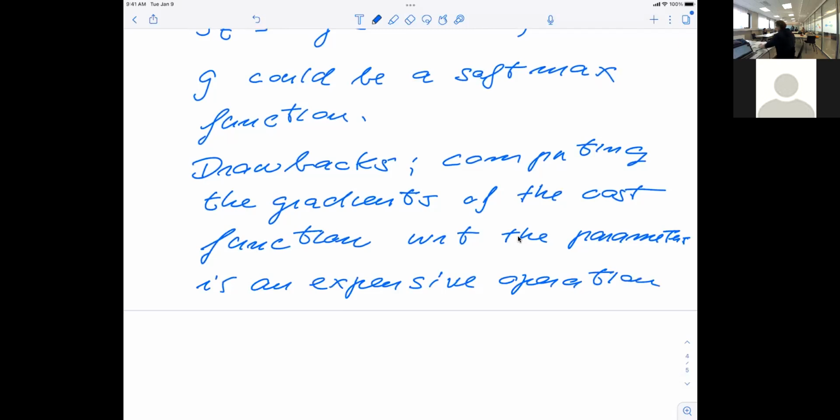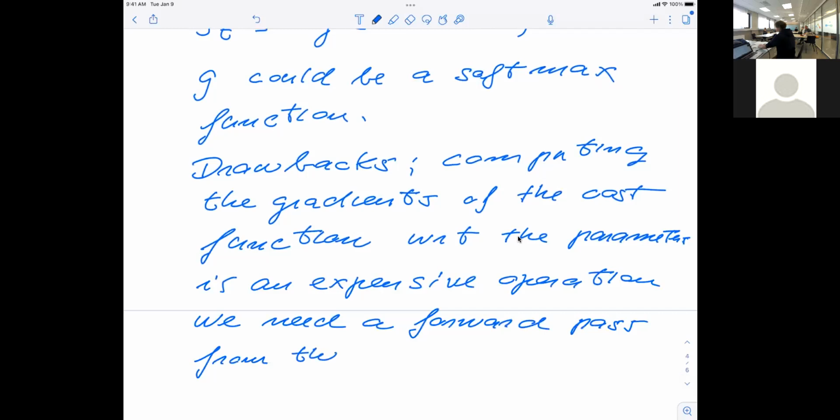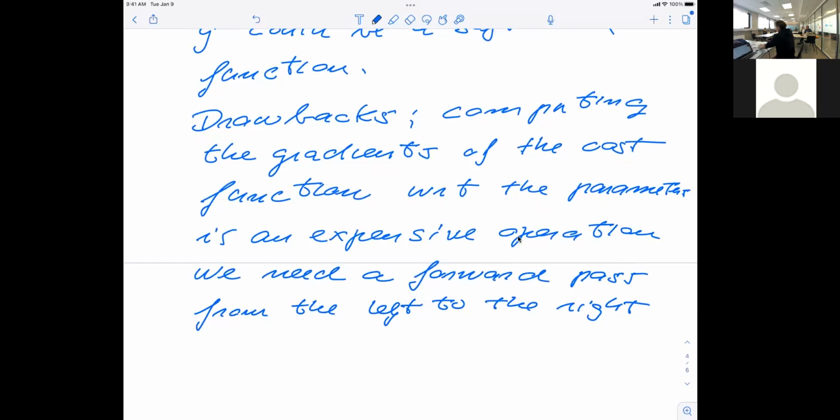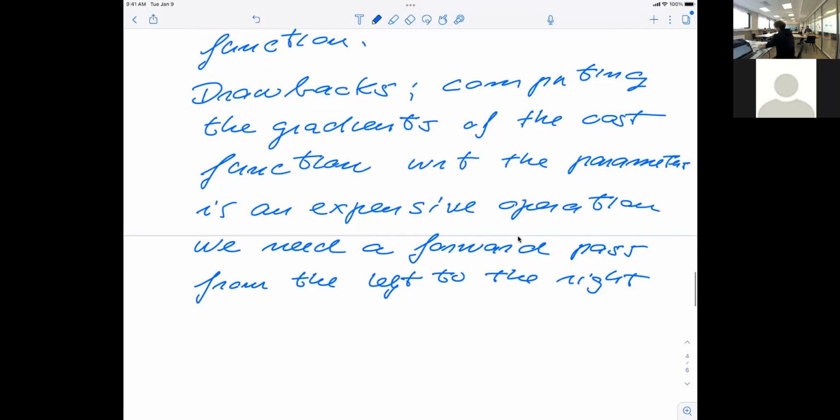So computationally, this is an expensive operation, and normally what we need is a forward pass from the left to the right. And then when we're done with the forward pass, this is followed by a back propagation.